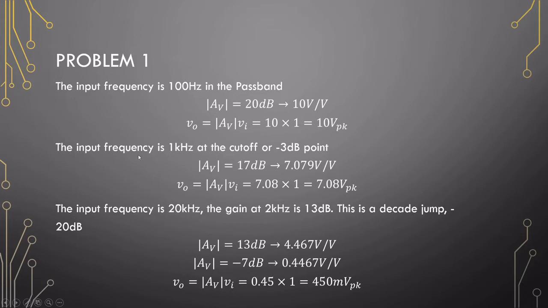If the input frequency is at 1 kilohertz, we're working at the cutoff. So that's a minus 3 dB point. So we should be working at 17 dB, converting 17 dB to volts per volt is 7.079 volts per volt. And our output should be 7.08 volts peak.